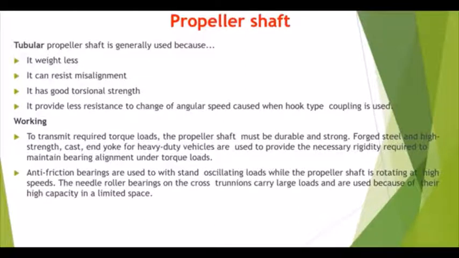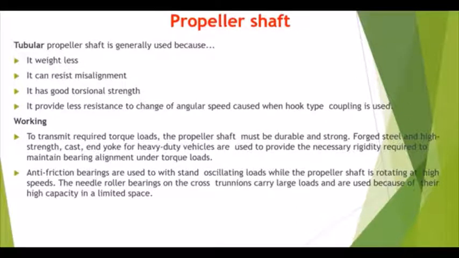So what is its working? It is used to transmit power from the gearbox to the differential, to the final drive. It should be strong enough, and it should majorly be forged steel with higher strength, and it should also provide good rigidity to maintain bearing alignment under different torques.